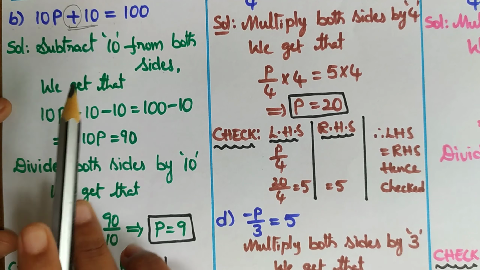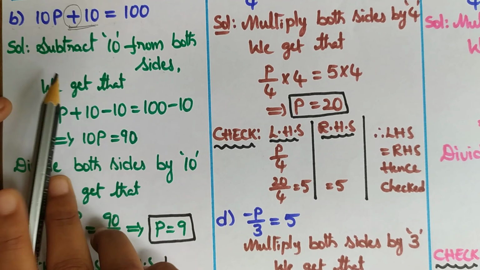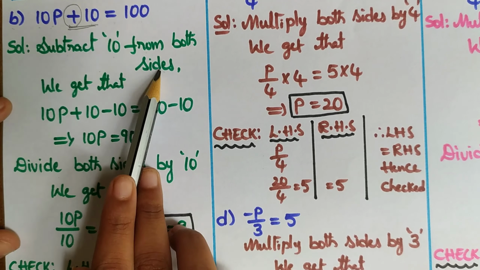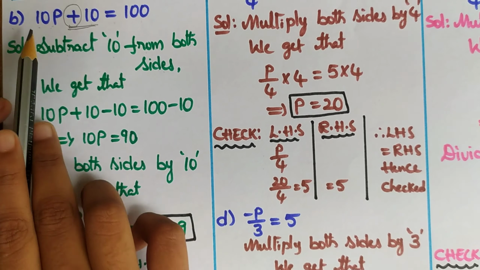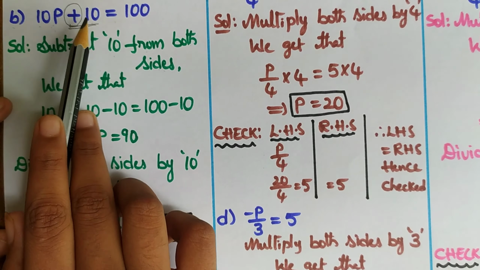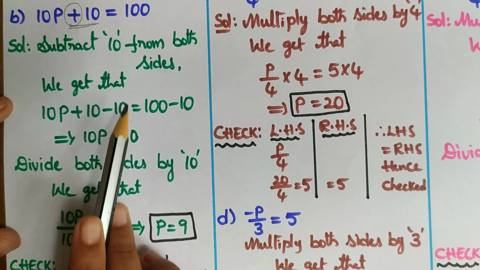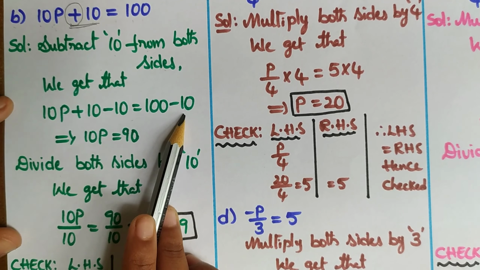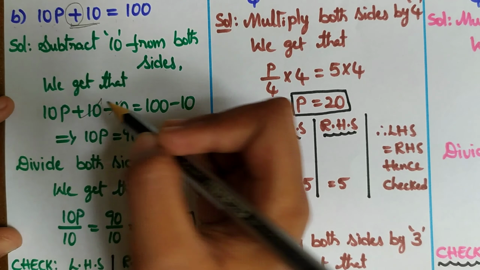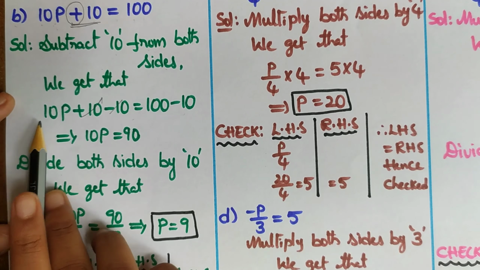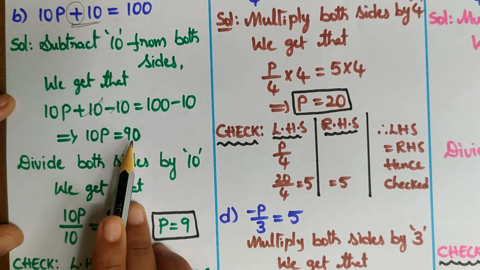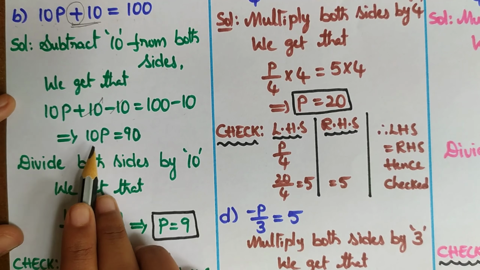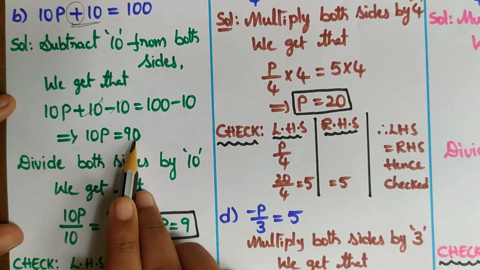Now you see here friends, 10p plus 10 minus 10 is equal to 100 minus 10, right? Here plus 10 minus 10 get cancelled and we are left with 10p is equal to 100 minus 10, which is 90. Therefore 10p is equal to 90.